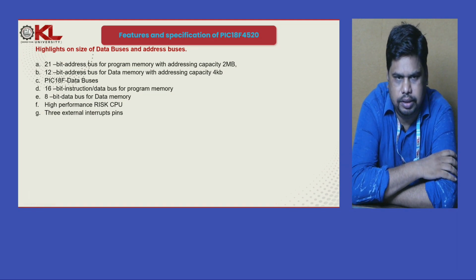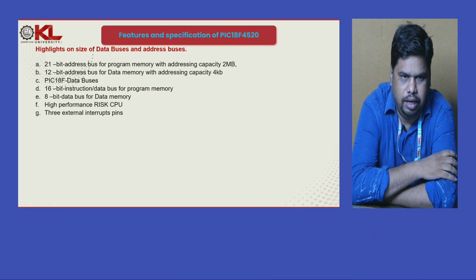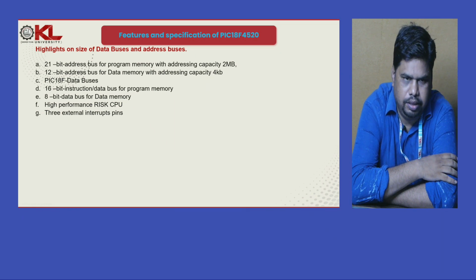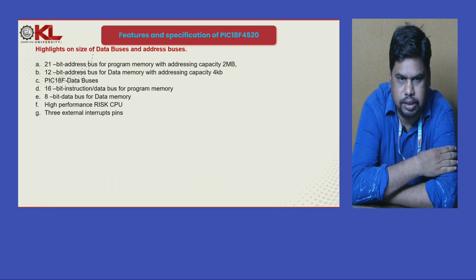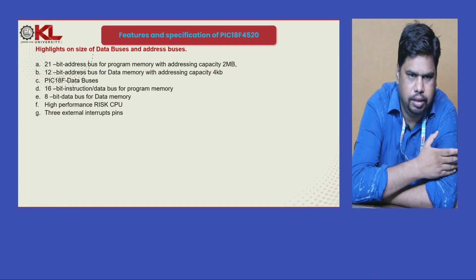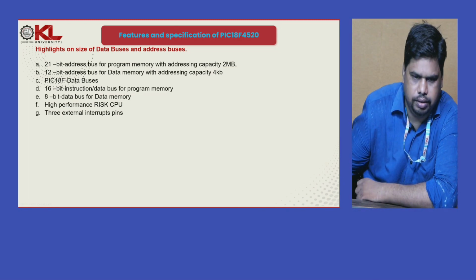A 12-bit address bus for data memory gives an addressing capacity of 4 KB. Observe carefully that it has 16-bit instructions and 8-bit data for the data memory. It has a high performance RISC CPU. It has 3 external interrupt pins.